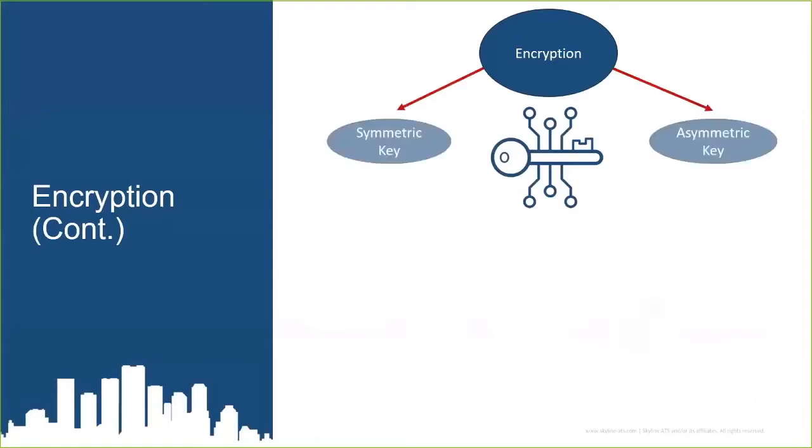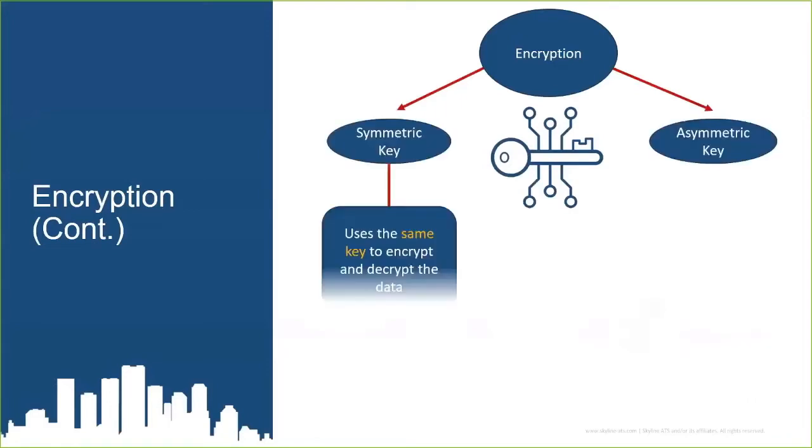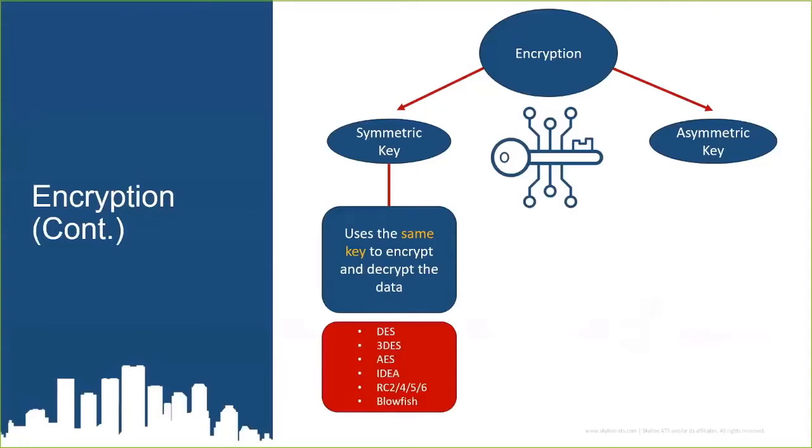Now, with regard to that, encryption can either be what's called symmetric key, and again, what you're looking at here is more of a timeline related to the evolution of networks. Symmetric key basically means that we use the same key to encrypt and decrypt the data.